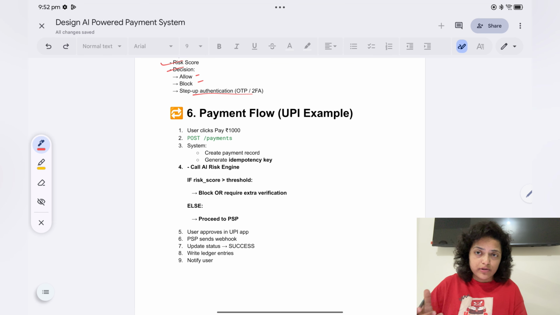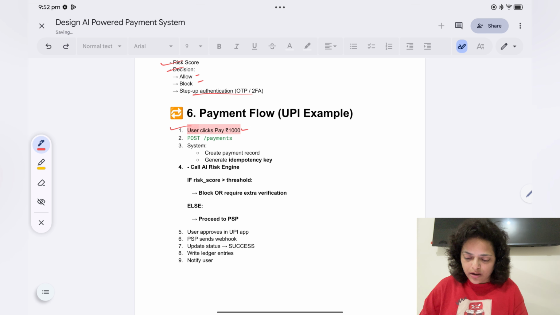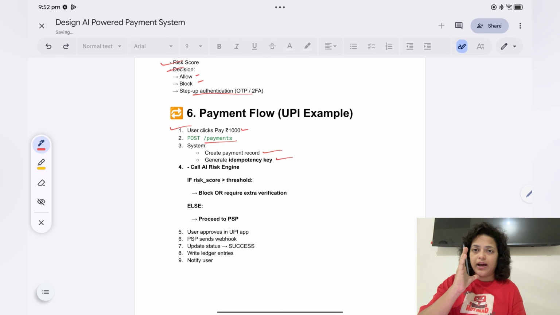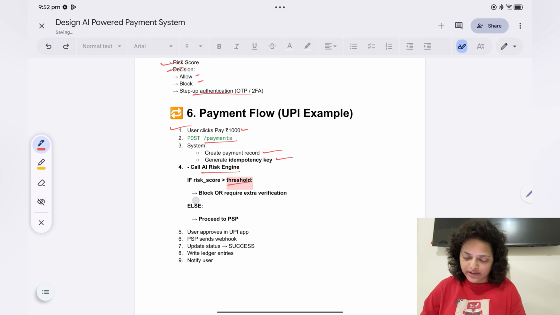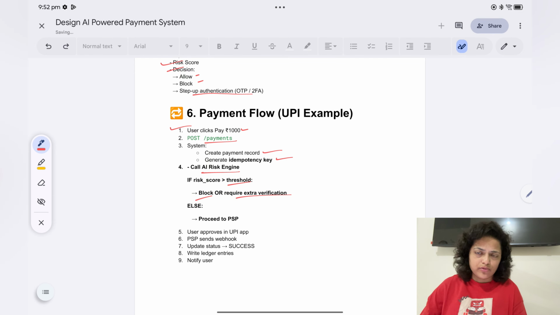Now the payment flow. See, the user clicks pay 1000 rupees. Now this POST /payment API will get called, and from there the system will create the payment record and generate an idempotency key. This step will be at your application level. From here it will call the AI risk engine. If the risk score is greater than the threshold, it will block it or require extra verification, through OTP or something else, 2FA.